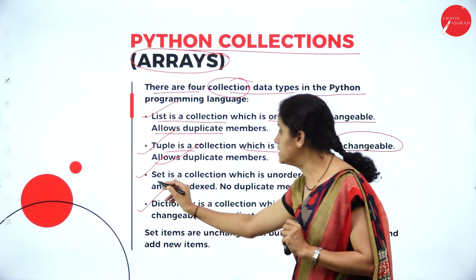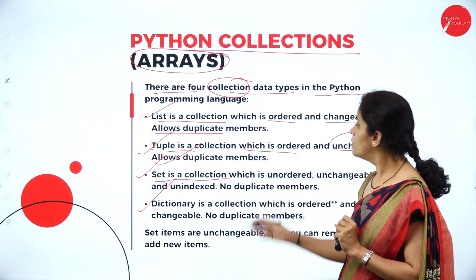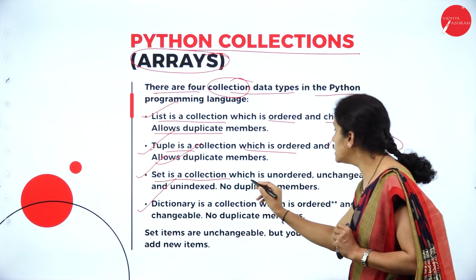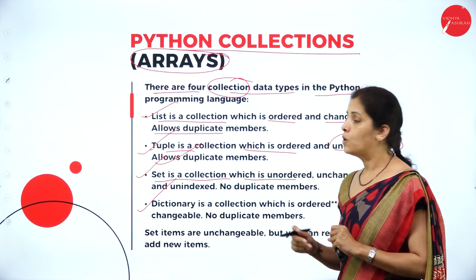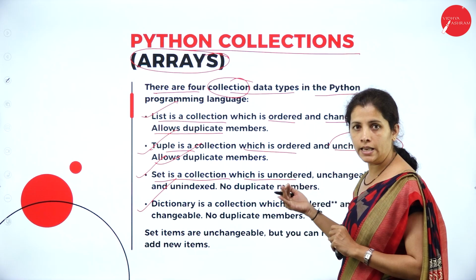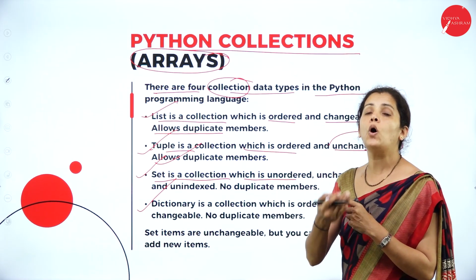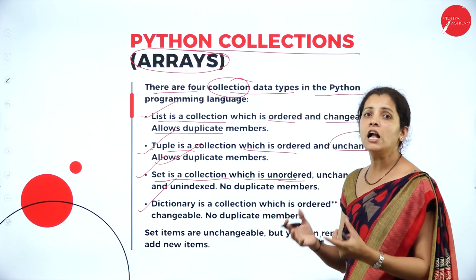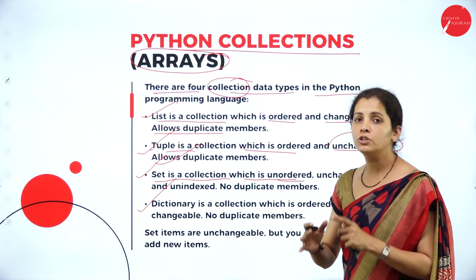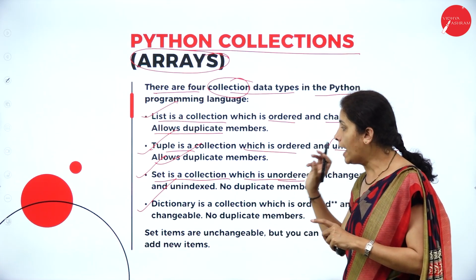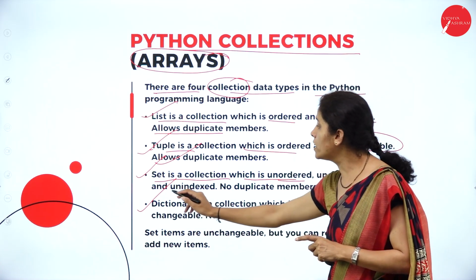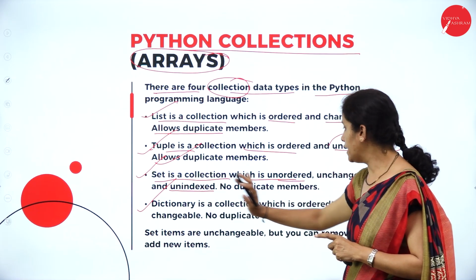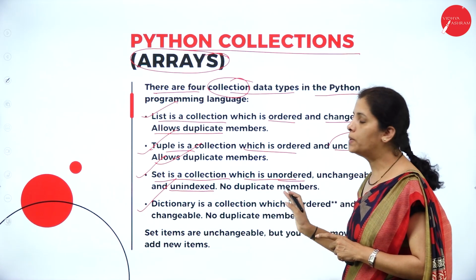If I consider a set as a collection, it is a single variable used to store multiple values and it is unordered. While extracting the set elements, I won't get the order in which I stored them. So it is unordered and unchangeable. I am not able to change the set elements and it does not have any index. So it is unindexed with no duplicate members.